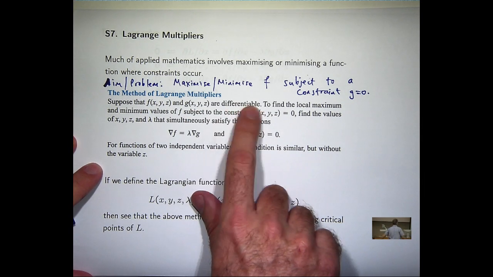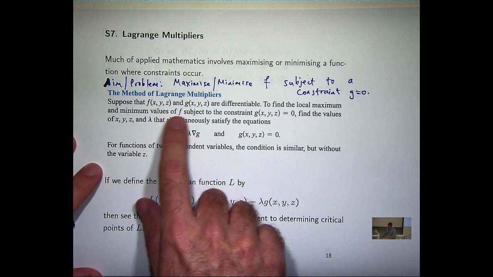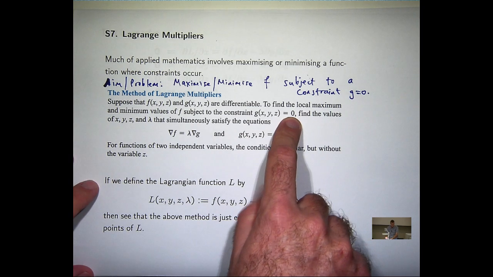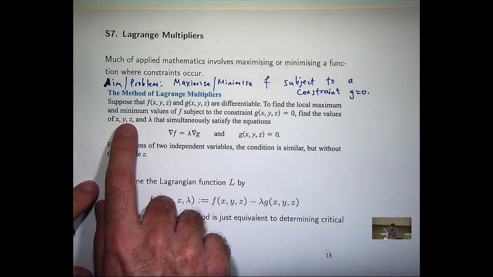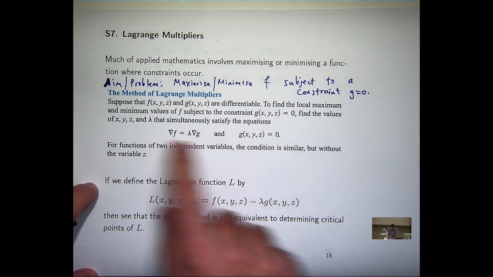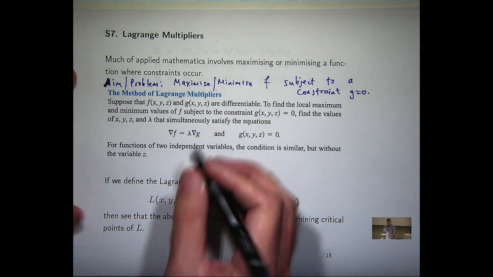Suppose I have a function f and a function g. They're both differentiable. There's that condition again, differentiability. To find the local max and min values of f subject to the constraint g equals 0, basically what we want to do is find the values x, y, z and this number lambda that satisfy these equations.